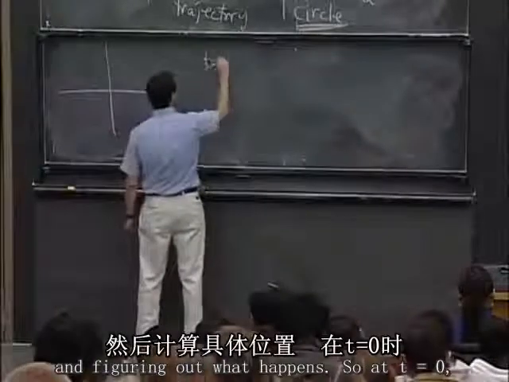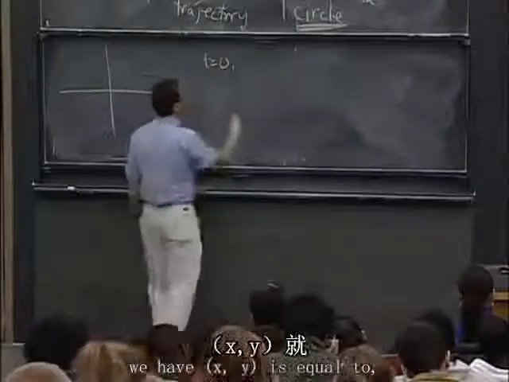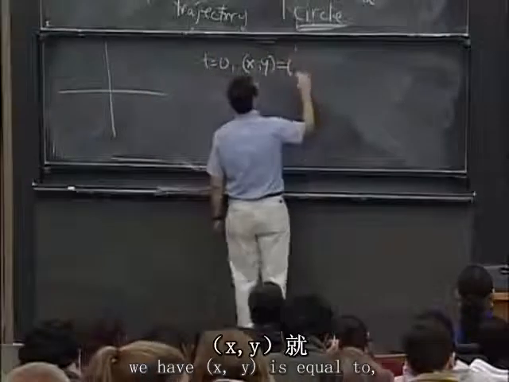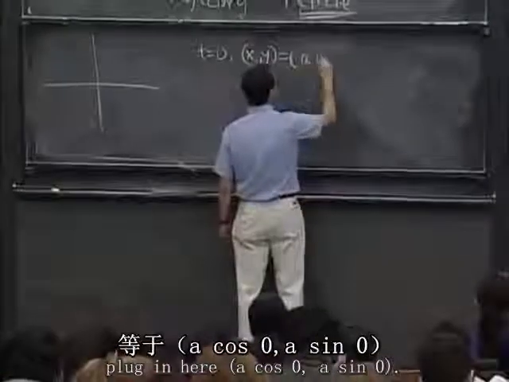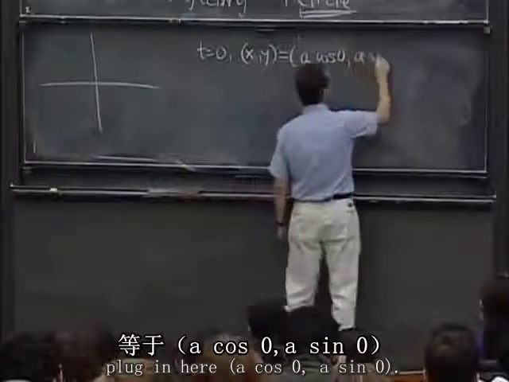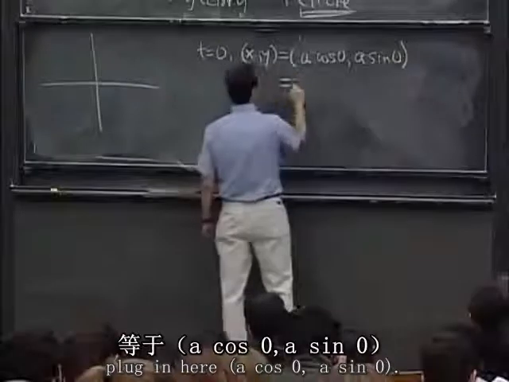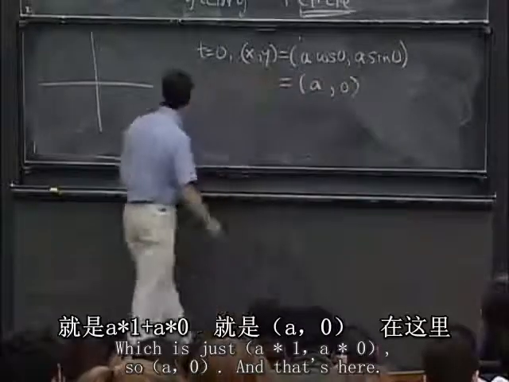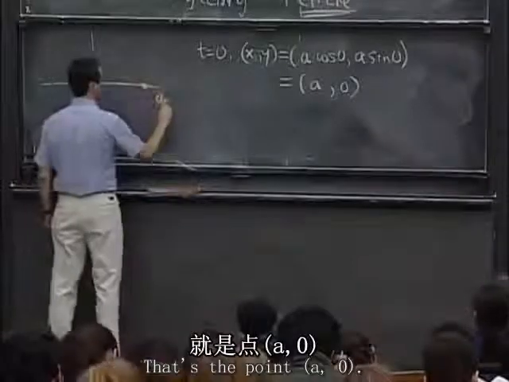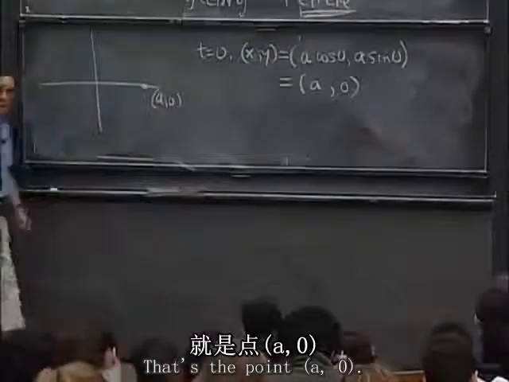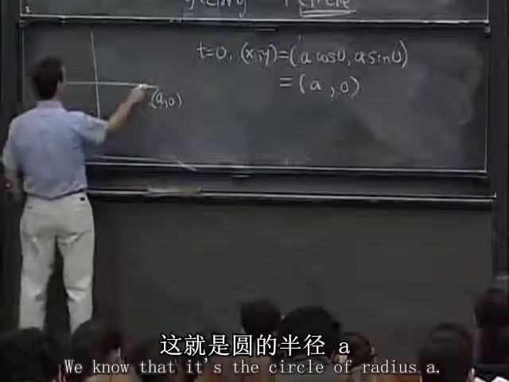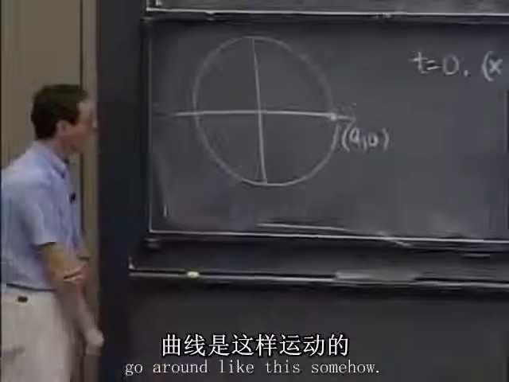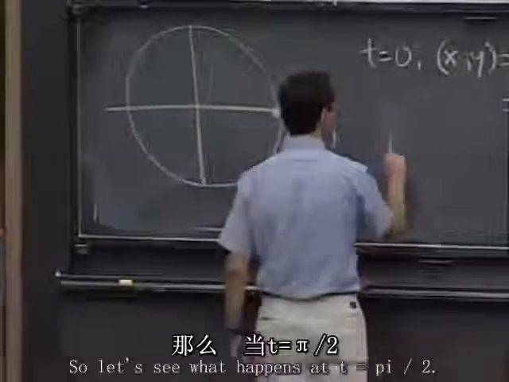So at t equals 0, we have x, y equal to, plug in here, a cosine 0, a sine 0, which is just a times 1 and a times 0, so a, 0. And that's here. That's the point a comma 0. We know that it's the circle of radius a, so we know that the curve is going to go around like this somehow. So let's see what happens at t equals pi over 2.